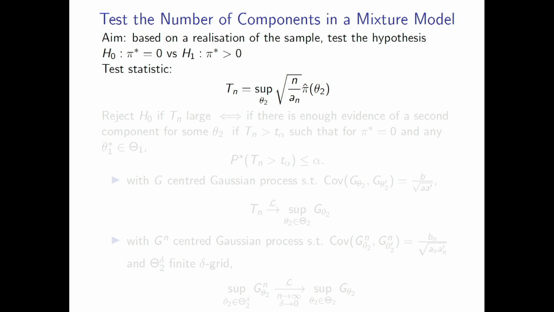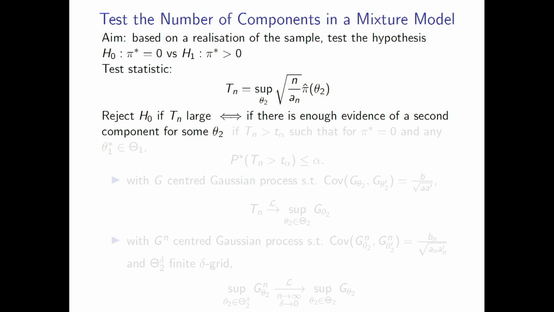That makes sense because theta 2 is particular. Remember that when pi is 0, theta 2 plays no role in the distribution. So this is why we consider it like this.